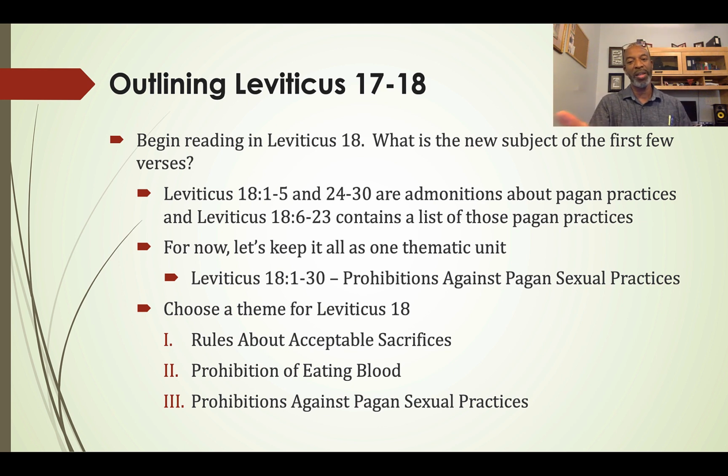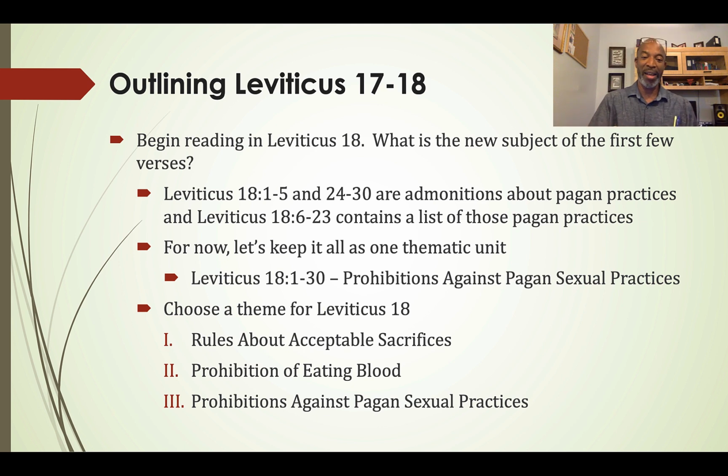So if we were to choose a theme for Leviticus 18, we see again the rules about acceptable sacrifices, verses 1 through 8. Well, I'm sorry. This right here is actually a summary of Leviticus 17 through 18. So that says Leviticus 18. It should say provide an outline for Leviticus 17 through 18, because that's what we're about to do.